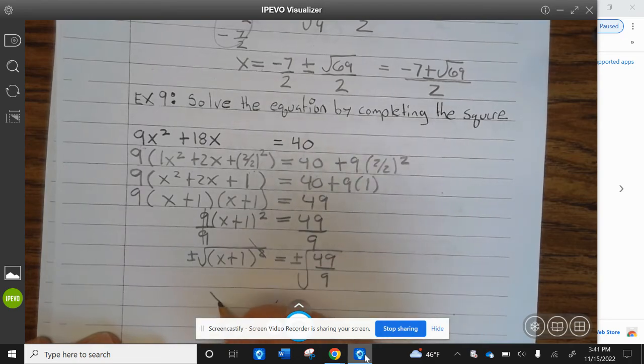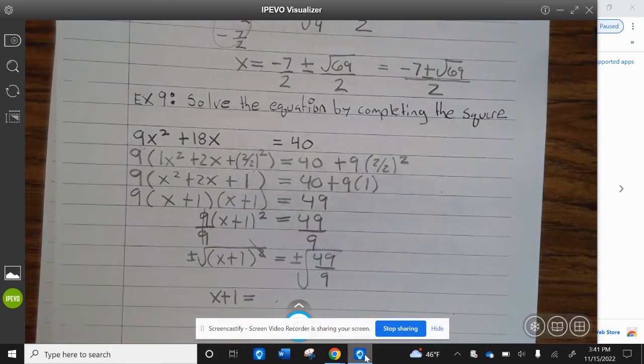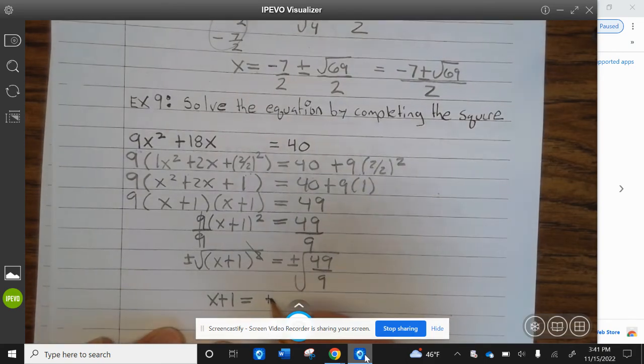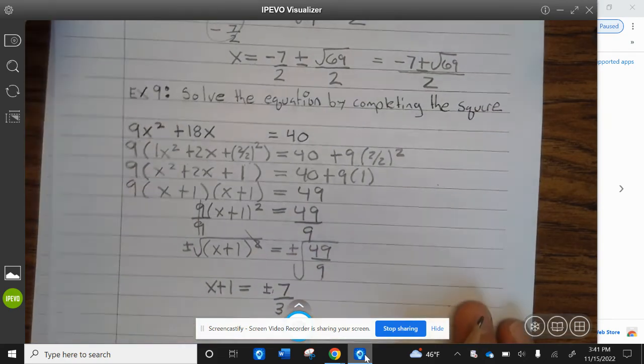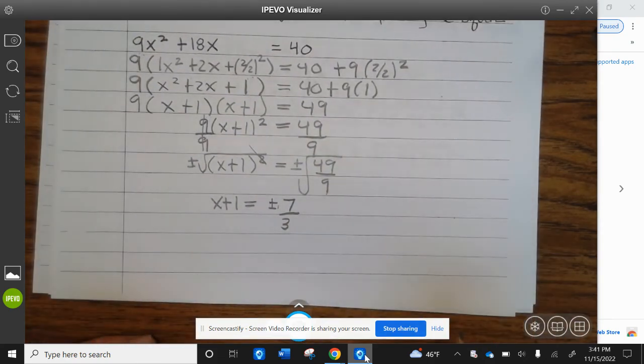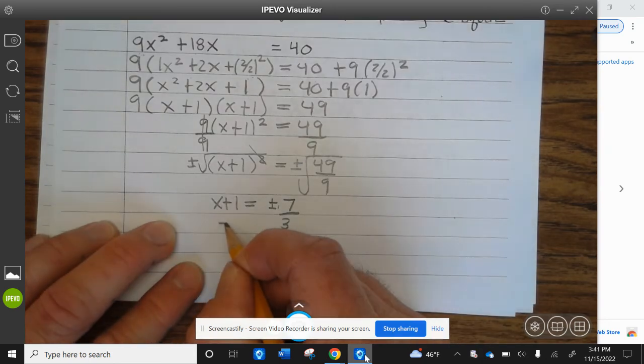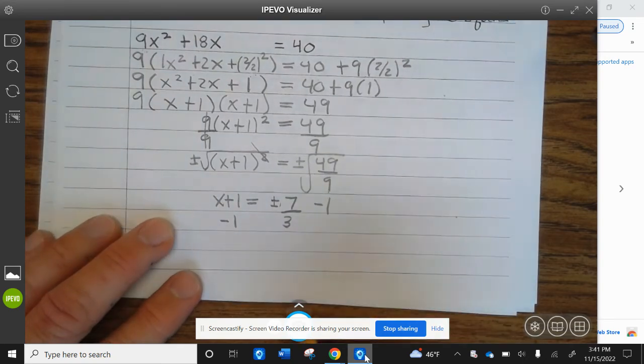That cancels. You get x plus 1 equals, the square root of 49 is 7. So that's plus or minus 7. The square root of 9 is 3. Last step is we're going to subtract 1 from both sides.